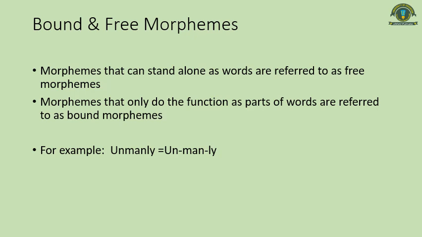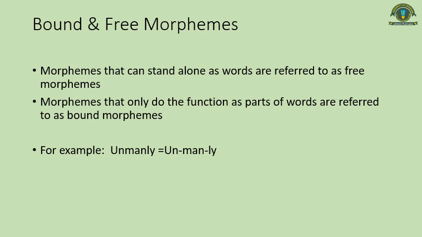For example, you can say man, salt or book. Whatever morpheme words can stand alone are called free morphemes. There is another type, called bound morphemes, and these morphemes only function as parts of words. They don't stand alone.